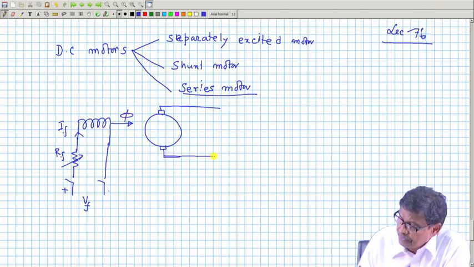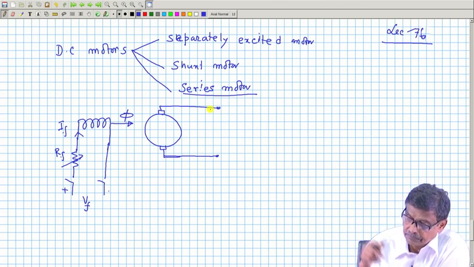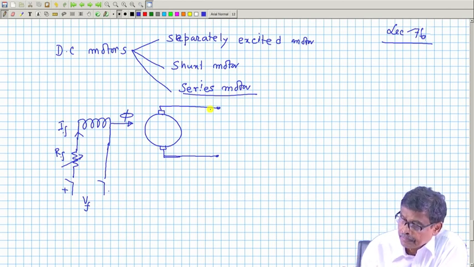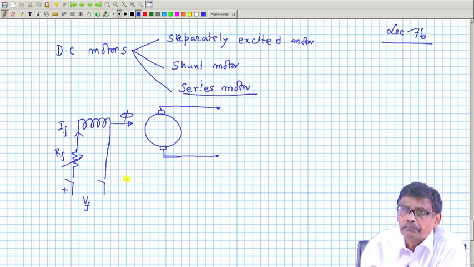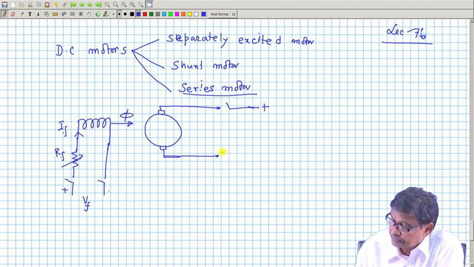Now, if you simply energize this machine with field excitation, nothing is going to happen, because there is no prime mover in case of a motor; a mechanical load may be present. So, you have to apply a supply voltage, which I will call the armature supply voltage, which is also DC.